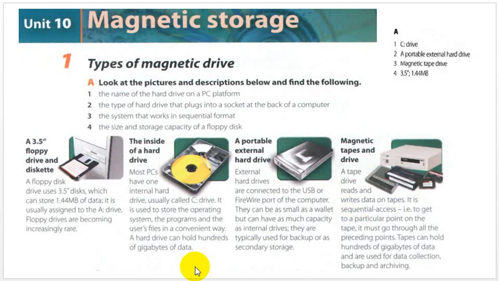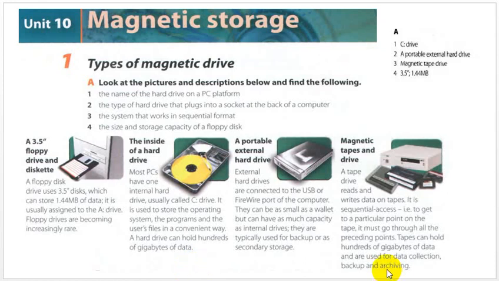It is sequential access. For example, to get to a particular point on the tape, it must go through all the preceding points. Tapes can hold hundreds of gigabytes of data and are used for data collection, backup, and archiving.